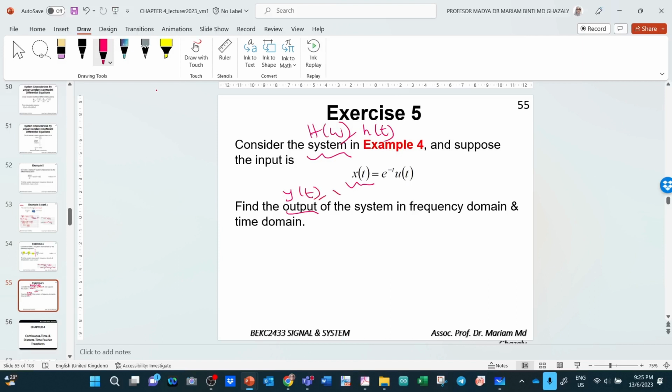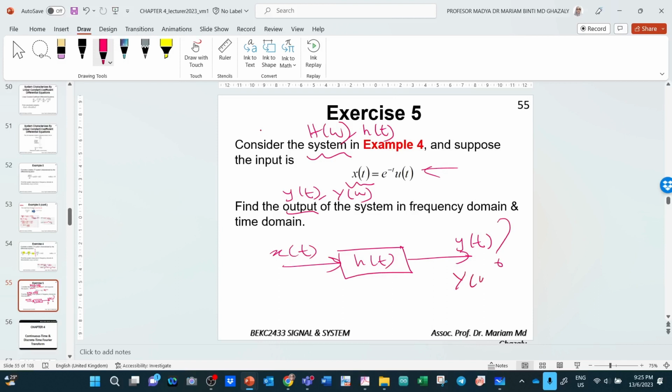Find y(t) and Y omega. So meaning right now you are given H omega, and you are given x(t) over here. I'm going to write this in time domain, so we have h(t). They ask you to find what is y(t) and Y omega.